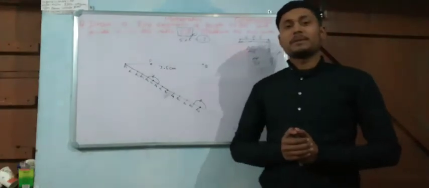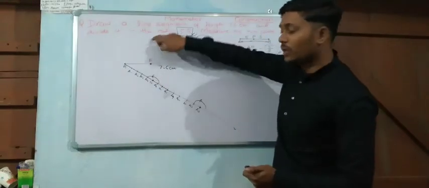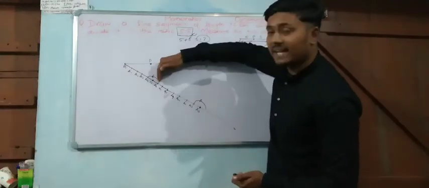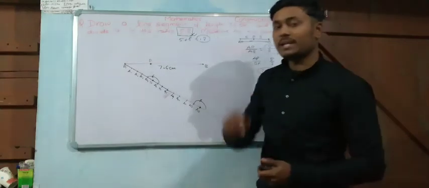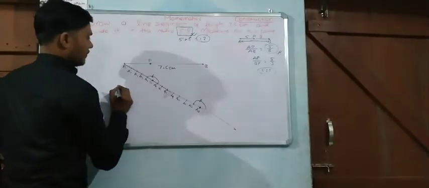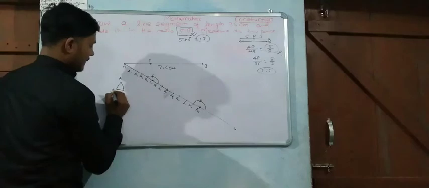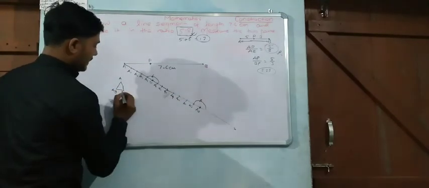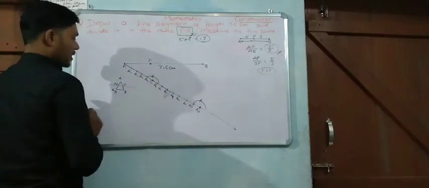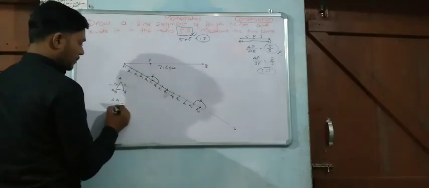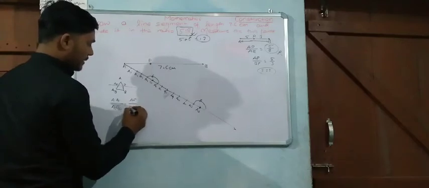You know the basic proportionality theorem, Thales theorem, in which a line drawn parallel to the base of a triangle divides the sides proportionally. In the triangle with A13 and B, if a line is drawn such that this is A5 and this is P, then obviously A5 upon A5A13 is equal to AP upon PB.